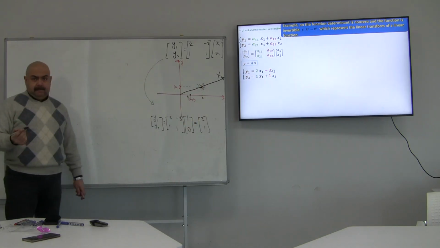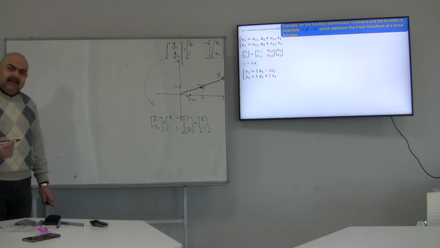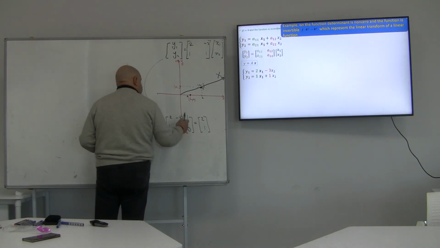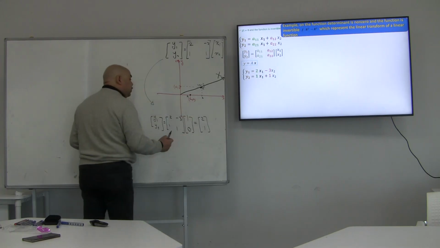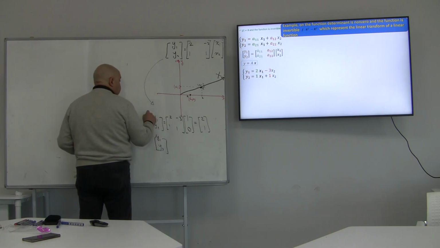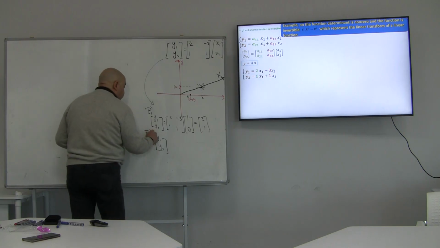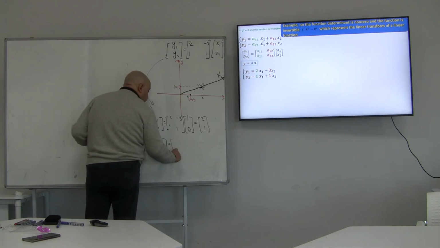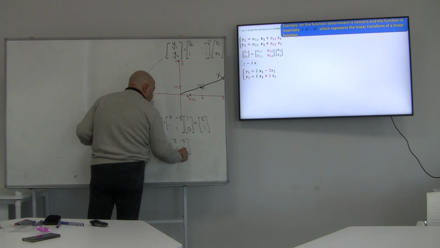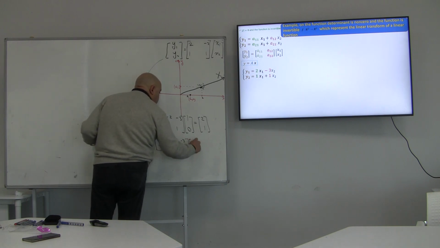If I want to see the new y-axis, it's going to be really very simple. All I have to do is substitute 0, 1 instead of 1, 0. So you will have y1, y2, and this is b1 dash, and now I'm trying to get b2 dash. All I have to do is use these numbers, 2, 1, negative 3 and 1, times 0 and 1.